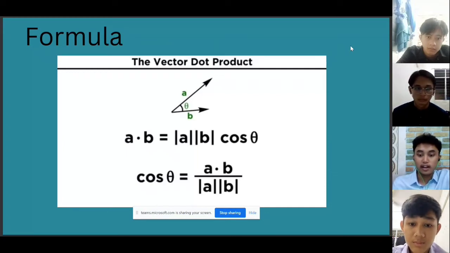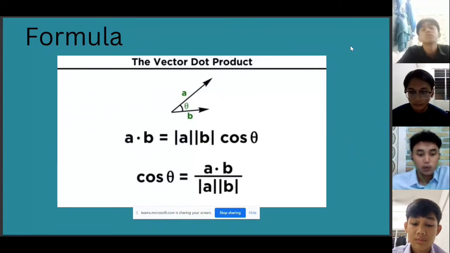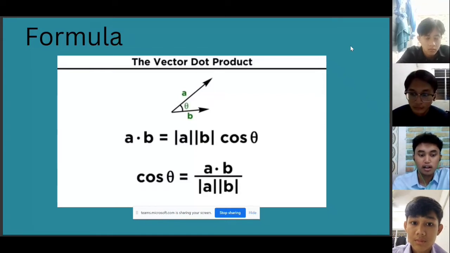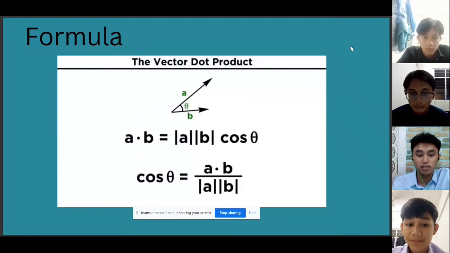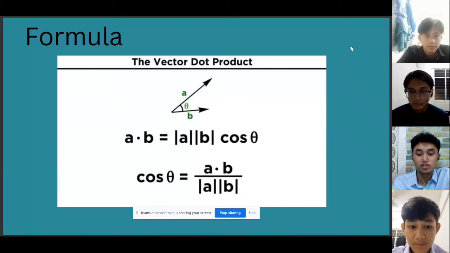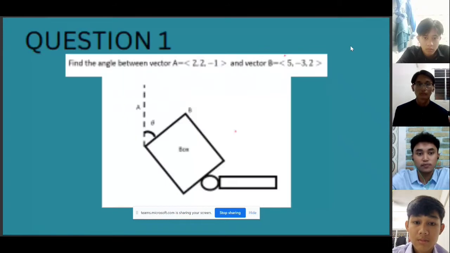If we want to calculate the angle between two vectors, we can simplify by bringing the vector lengths to the other side of the equation, and we get cos theta is equal to A dot B divided by the product of the vector lengths. This is one reason the dot product is useful, as it gives us a great way to calculate an angle without doing any trigonometry. Let's move to the question.